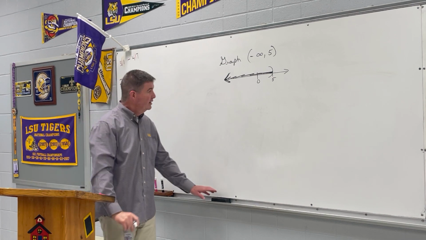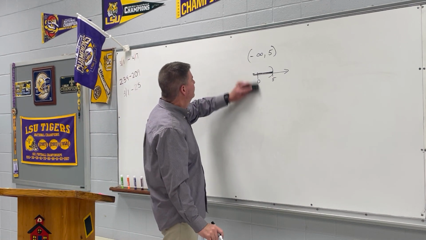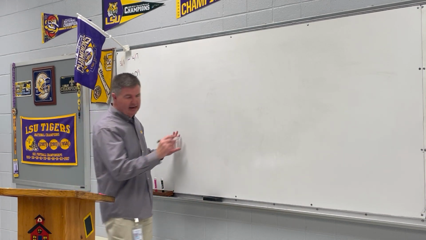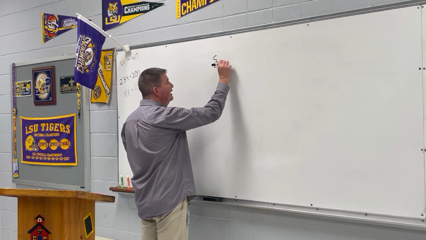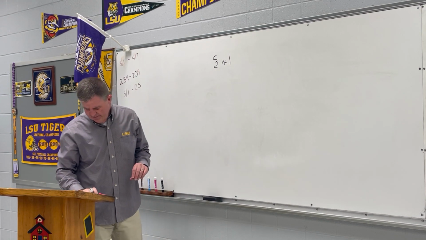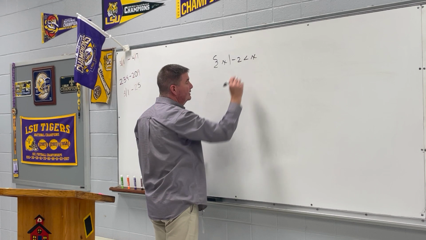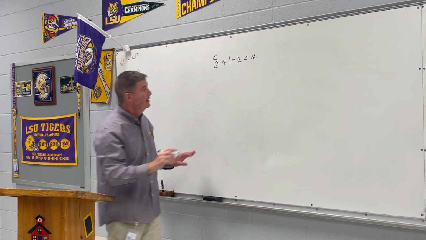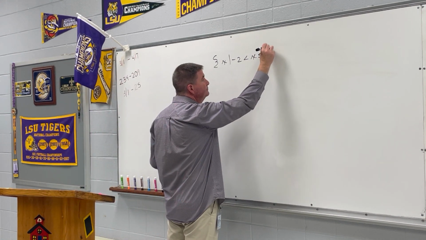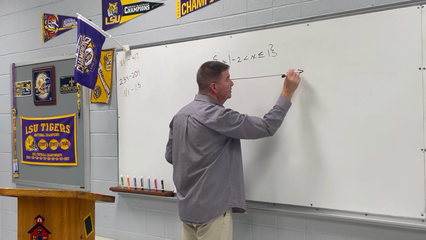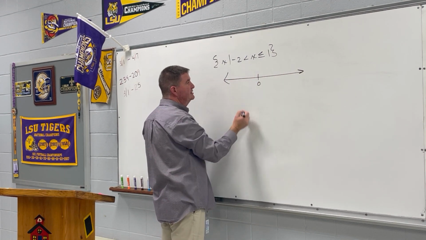Okay, they now want us to graph one that's in set builder notation. So graph, if we have x such that negative 2 is less than x, which is less than or equal to 1. We'll have a number line. My numbers will be 0.